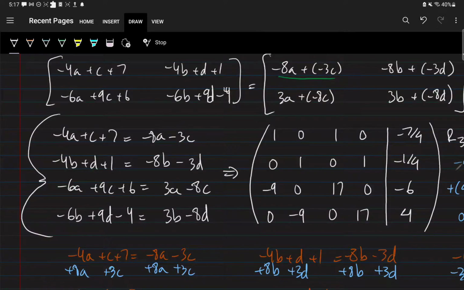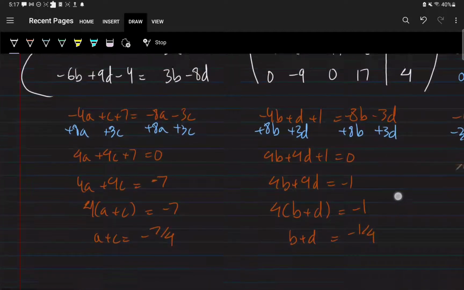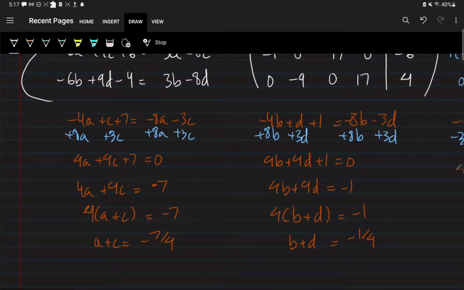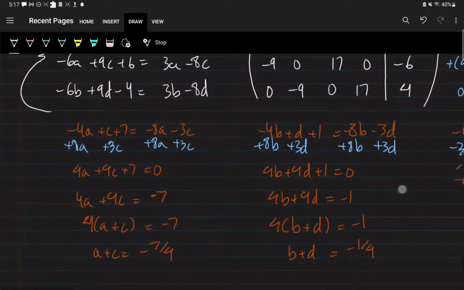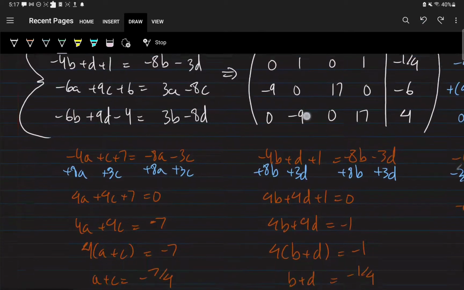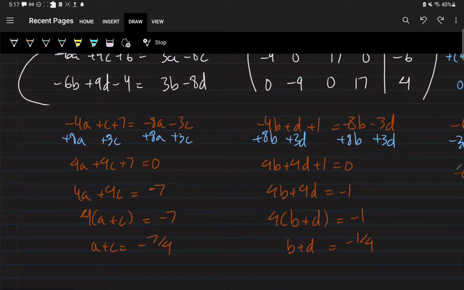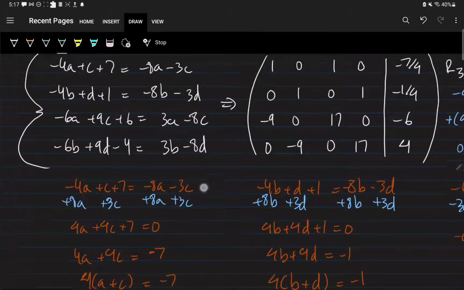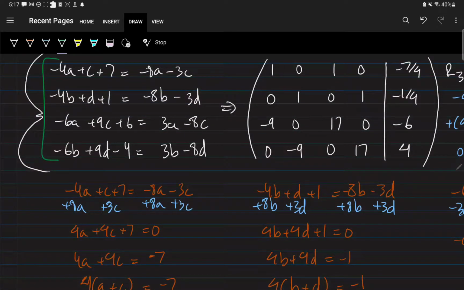Now, over here I had simplified them so that the variables were isolated to one side. For this one here with the 4a plus c plus 7, I had simplified that, and I found out that a plus c equals negative 7 over 4. I then did that for each subsequent equation until I reached the bottom.